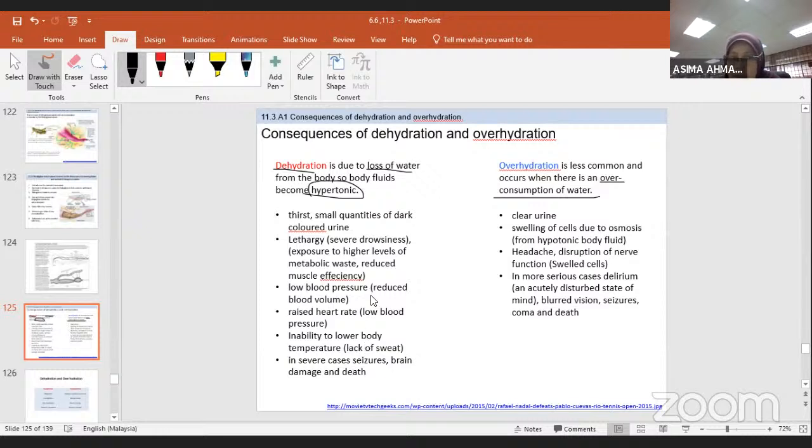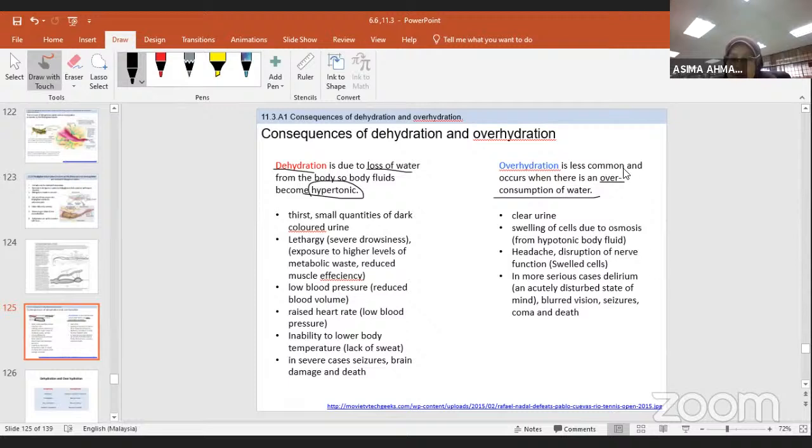But due to dehydration, we cannot produce sweat, so more heat cannot leave our body. So having difficulty to lower body temperature. And in severe cases, seizures, brain damage and death. So it can be fatal also. So be very careful, look out at the amount of water that you consume every day.